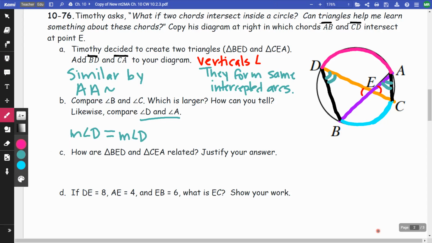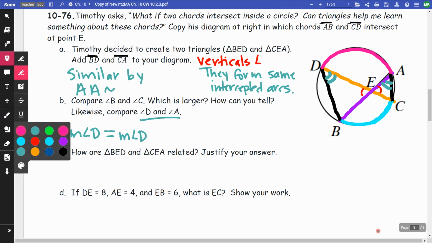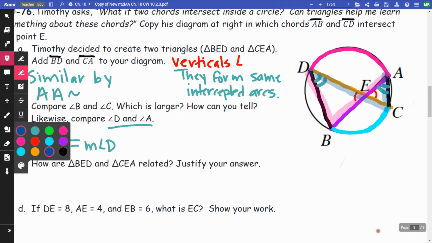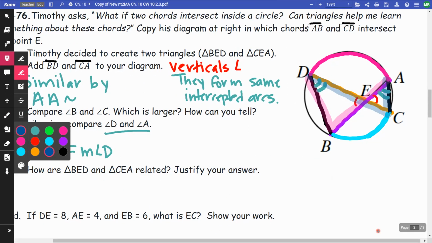That's the arc that's going to be formed when I am dealing with angle B, but it's also the one that I get when I'm dealing with angle C. Both of them are going to form it.